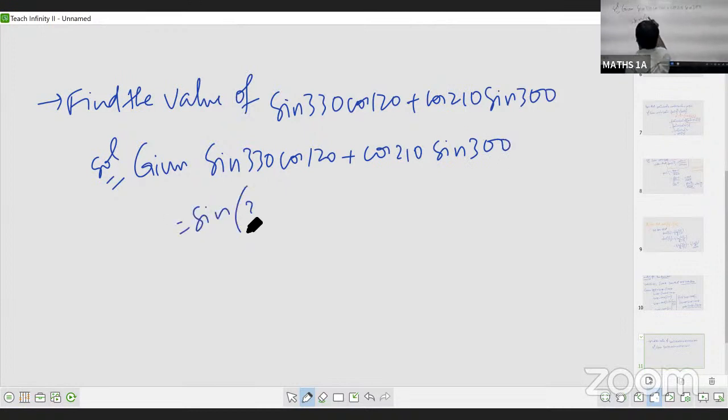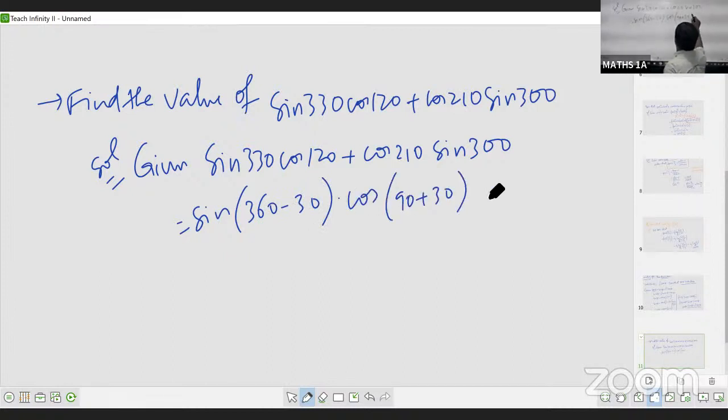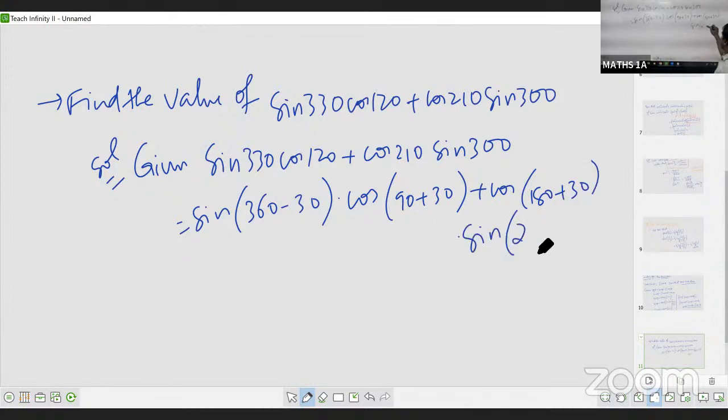Sin 330 I will write as 360 minus 30. Cos 120 I will write as 90 plus 30. Cos 210 degrees expressed in terms of quadrant angles: 180 plus 30, into sin 300, 270 plus 30. See, everything I wrote in terms of 30 only.